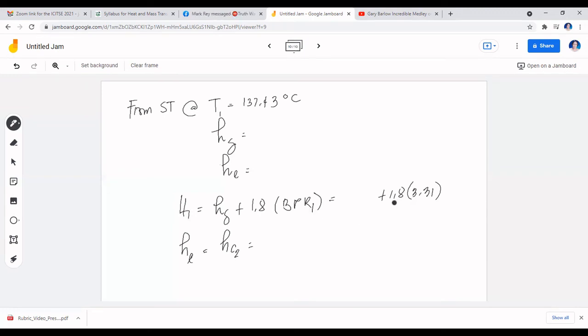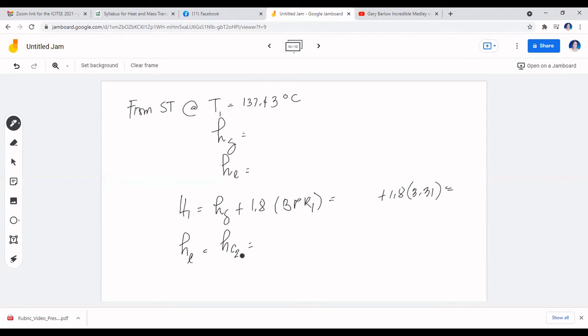So in here, I already placed 1.8 times 3.31 because this is the boiling point rise in effect 1. So the enthalpy that should be multiplied to your V1 when you do your energy balance for effect 1 later will be this H1, not this one, because that would then be wrong.